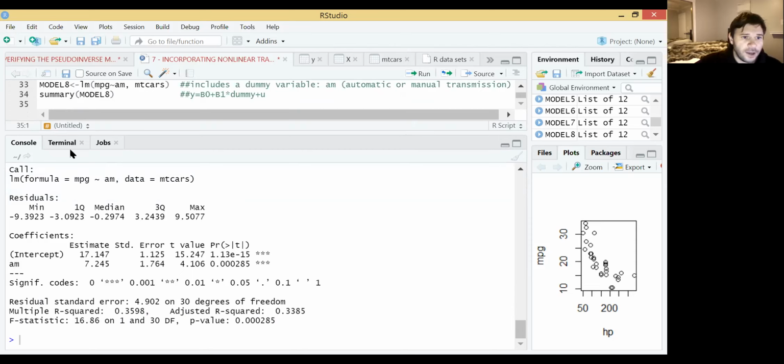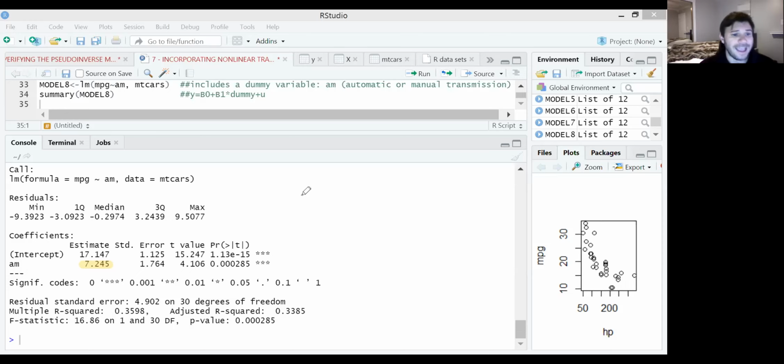We can take a look at our summary output, and we can see here the coefficient on that transmission variable is 7.245, which means if the transmission variable increases by 1 unit, if it goes from 0 to 1, 0 being automatic, 1 being manual, then the miles per gallon on our vehicle goes up by about 7.245 miles per gallon.